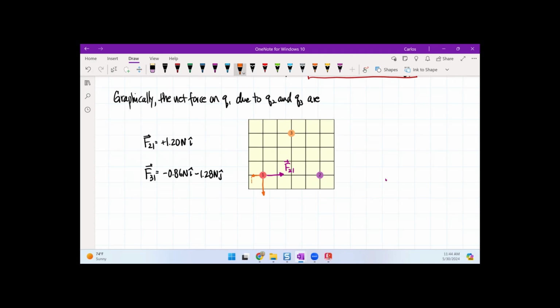So then if I do the superposition of these, I see that I have a force right here, and that's going to be force F31.